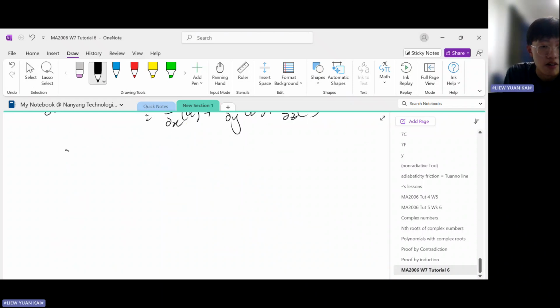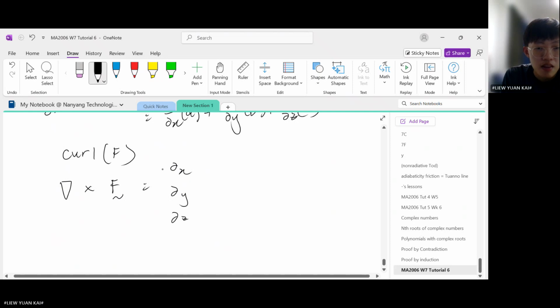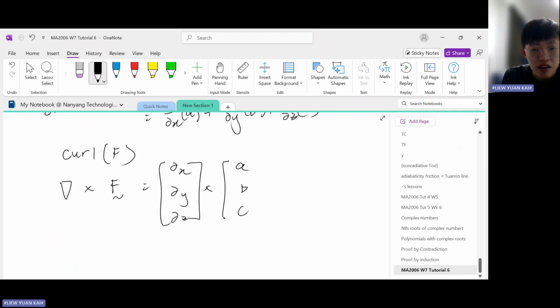Now, what about curl? Curl of f means nabla cross f. Nabla is the vector containing partial derivatives, and f is in the form (a, b, c). How do we take the cross product?